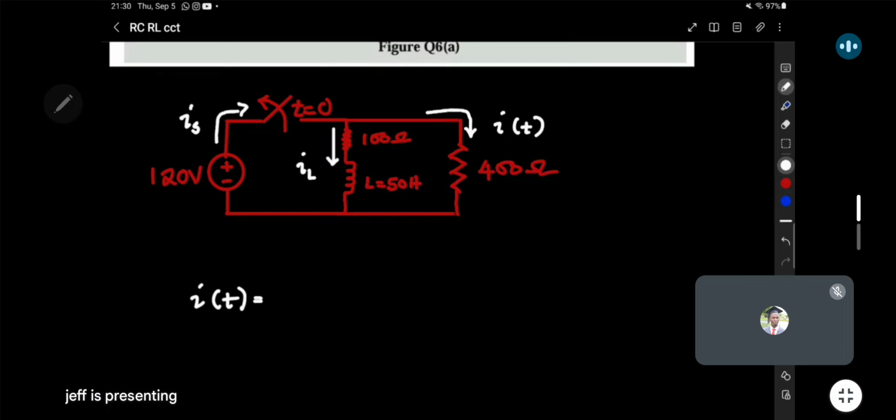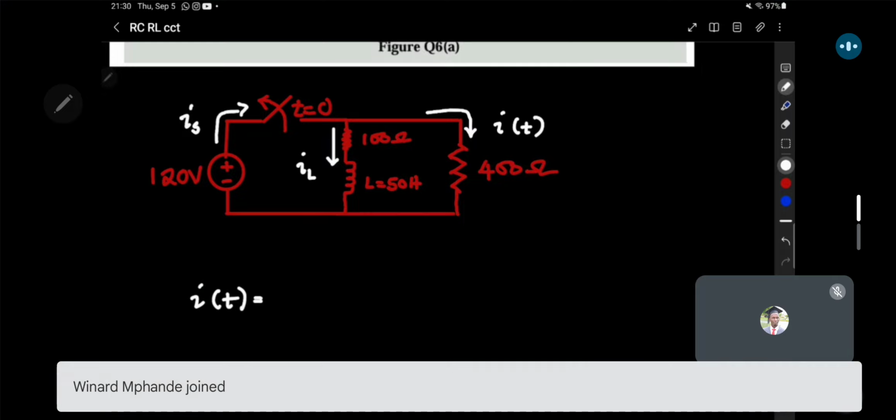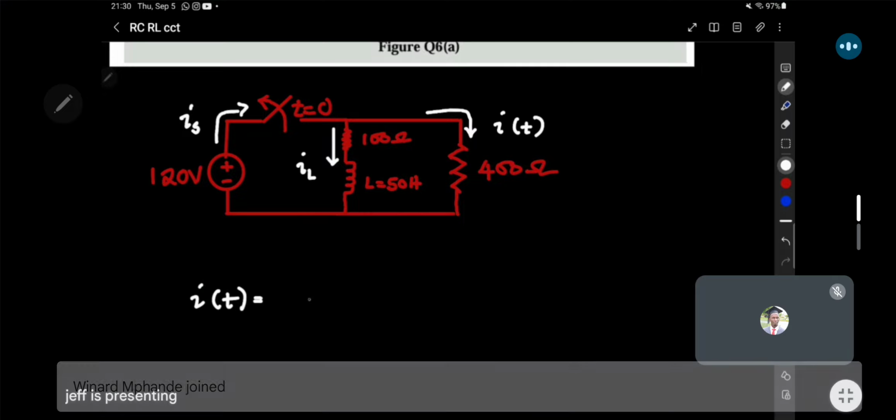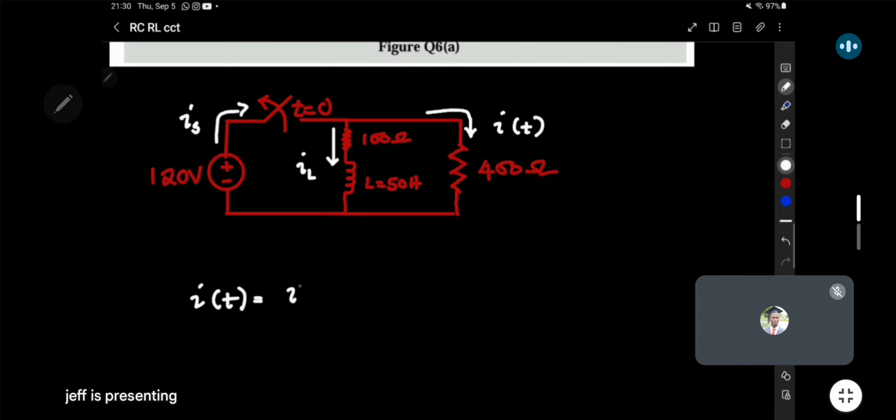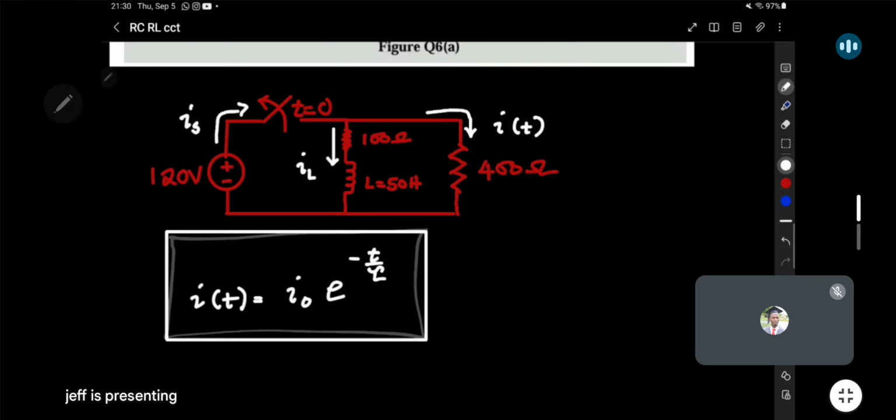The current that will come from an inductor in a source free circuit will be equal to the initial current, the current at t equals 0, so let me just say I0, times e to the minus t over the time constant, with the time constant in the denominator and t in seconds. So this was the expression that gave us the natural response from an inductor in a source-free circuit.